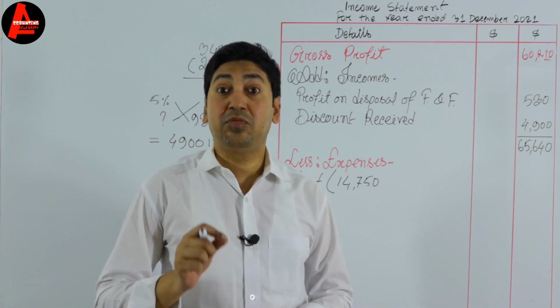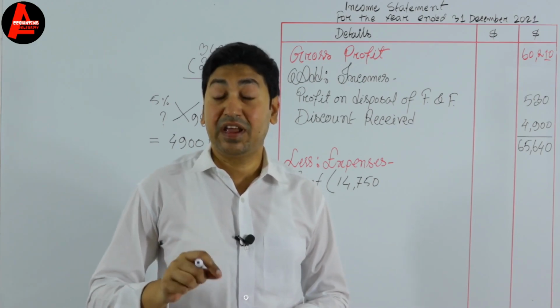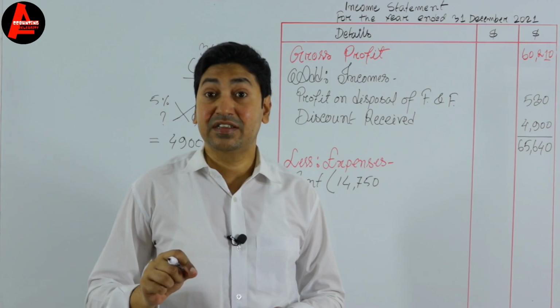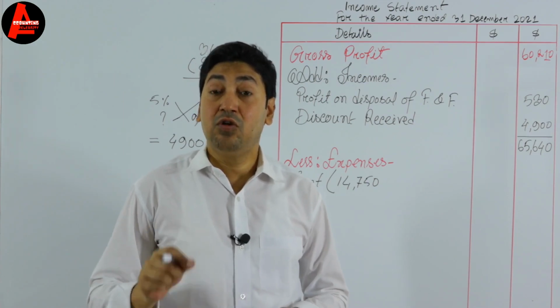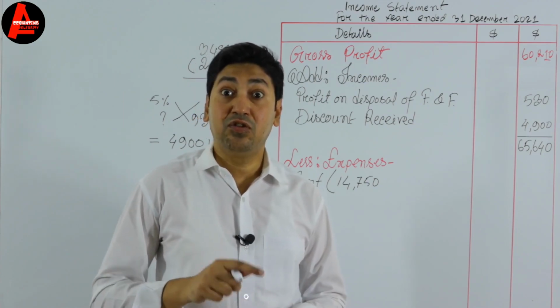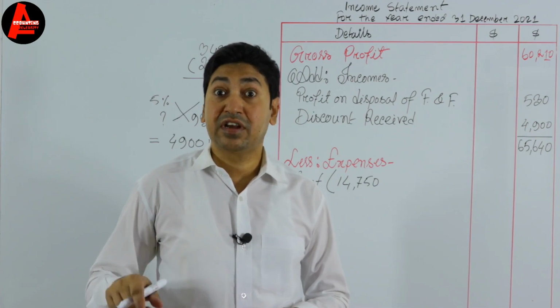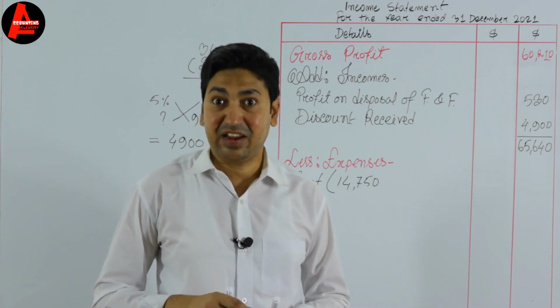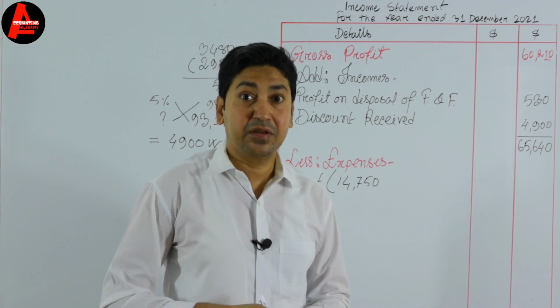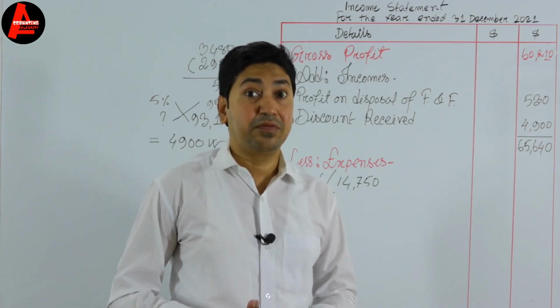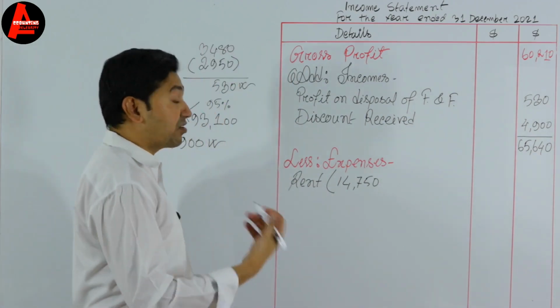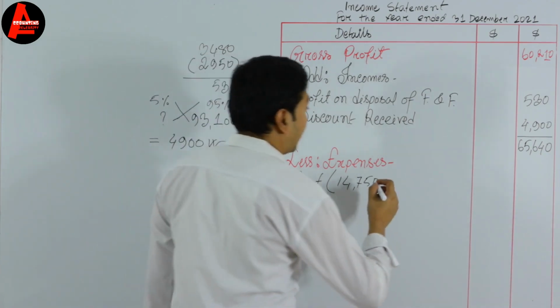So opening prepaid will be added, closing prepaid will be subtracted. If it is outstanding, opening outstanding will be subtracted and closing outstanding will be added. Don't forget. So opening prepaid $1,250, we will not subtract, we will add this amount.